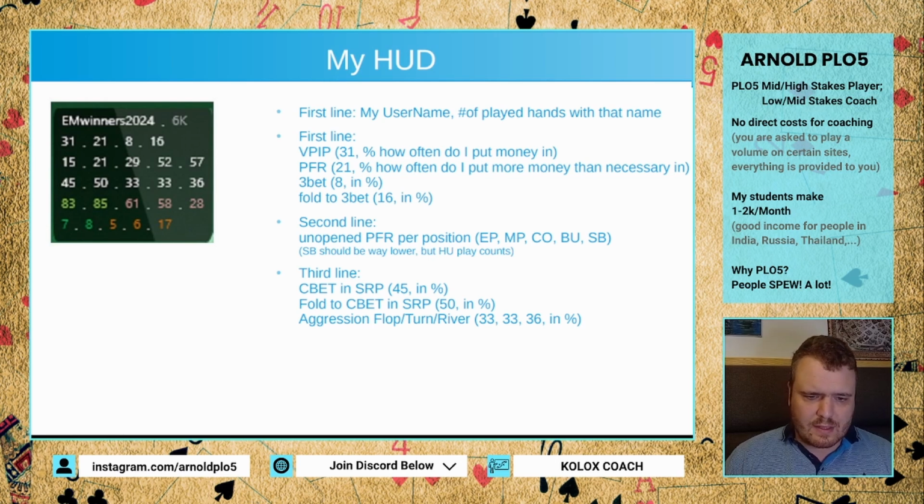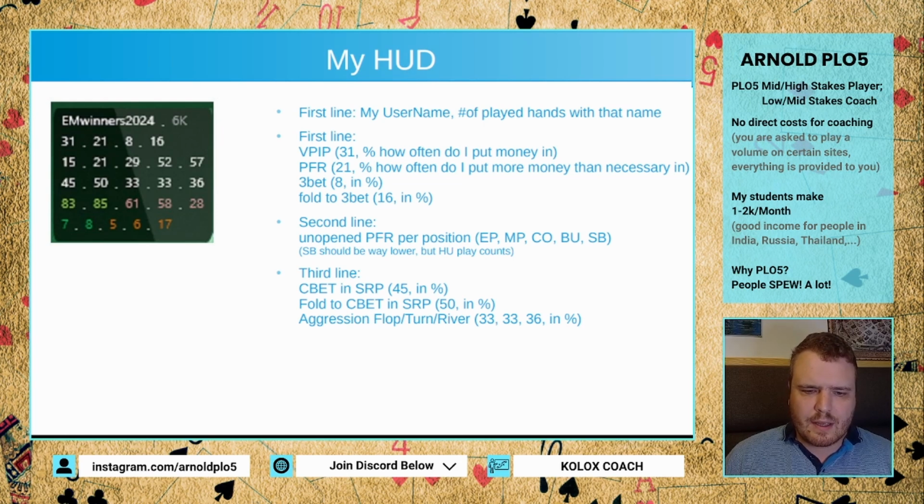The first thing is how many hands I c-bet in a single raised pot. I c-bet 45% of hands. Usually the solver says 50% of hands should be c-bet. And I have to say this is very much different from Hold'em, where you have to c-bet 80 to 90% of hands.